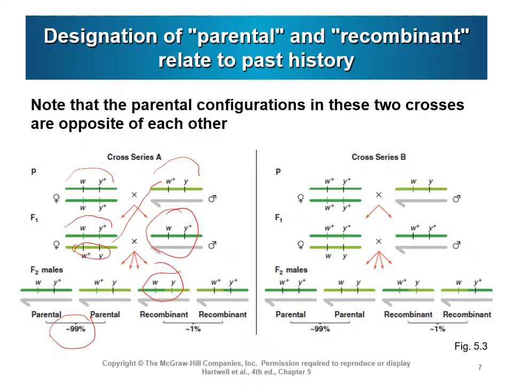Then cross series B shows the same outcome in a different situation, where we see W plus Y plus for the female, with either X chromosome carrying the same, and then W Y for the male. The same logic goes downstream, and we are getting 99% parental and 1% recombinant.